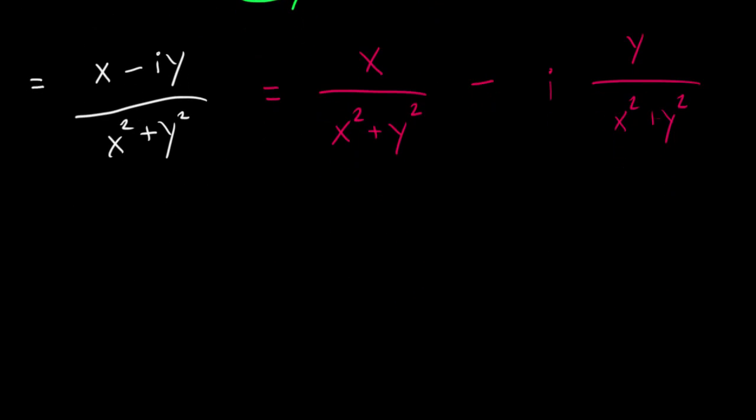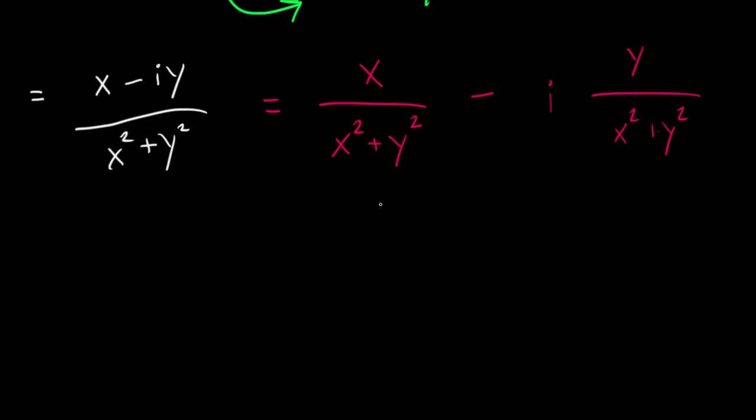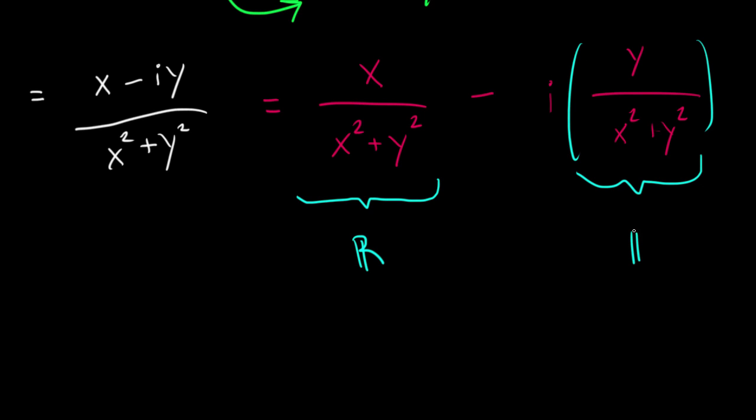And what do we notice here? Well, we have two things that we can call real numbers. This here has a real number on top and real numbers on the bottom, so this will be a real number. This one here inside, not including this i, so if we were to put brackets over here, this would also be a real number. Essentially, we are looking at a real number subtracted by i times y over x squared plus y squared, which is a real number.